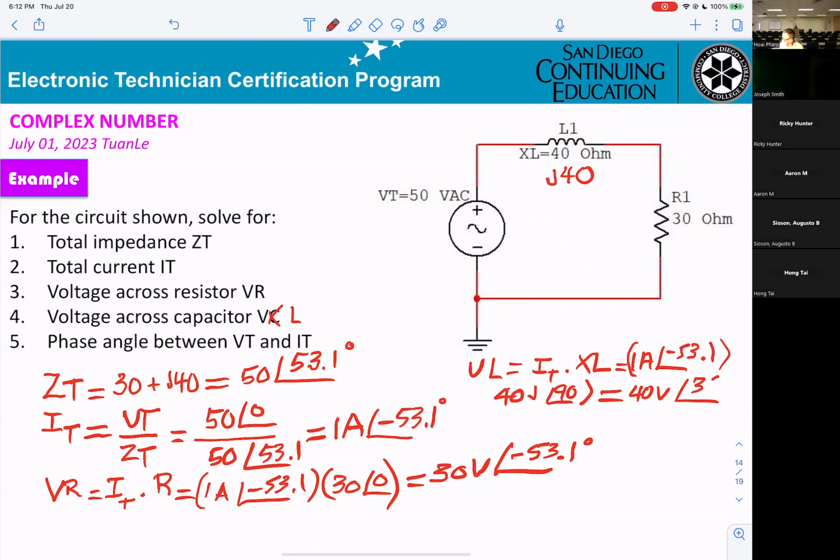How did I do that? This is 90. Yeah, it's got to be 90 minus 53.1. Did somebody get 36.9 or something like that? Yeah.